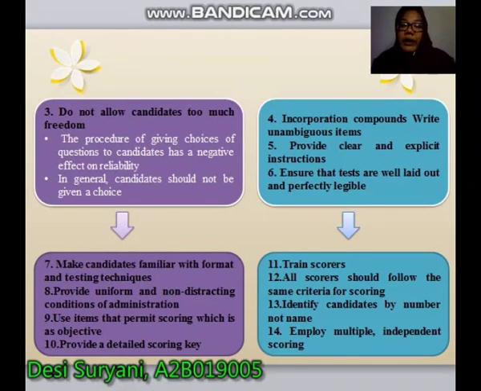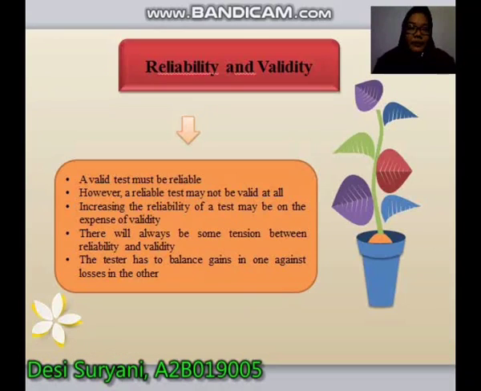Next one is provide a detailed scoring key. Also train scorers. All scorers should follow the same criteria for scoring. Also identify candidates by numbers, not names, and also employ multiple independent scoring.